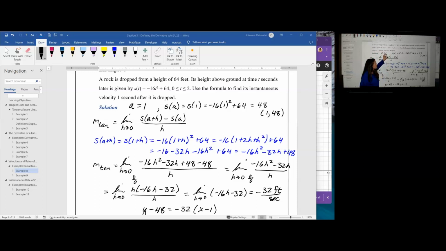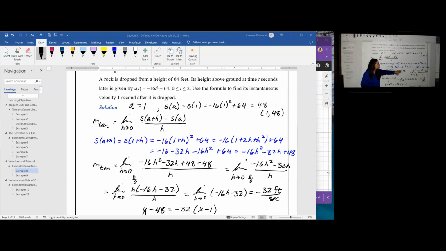A must be 1, so we compute s of a, which turns out to be 48. I chose to use the a plus h version. Notice I changed the name from f to s, and then I computed s of a plus h. I had to multiply by the negative 16 after I had done the square.